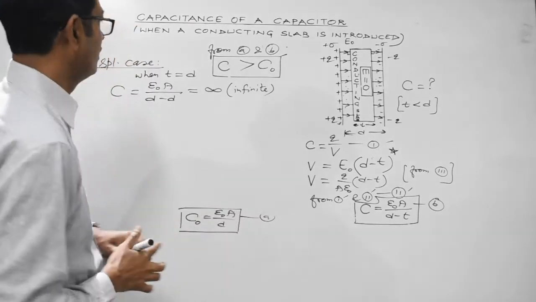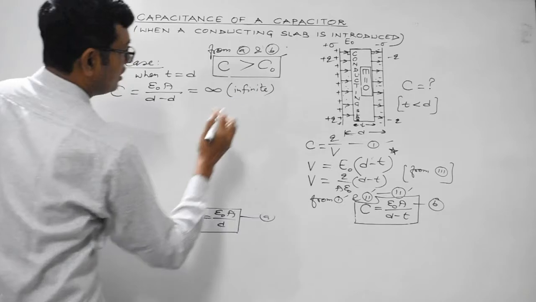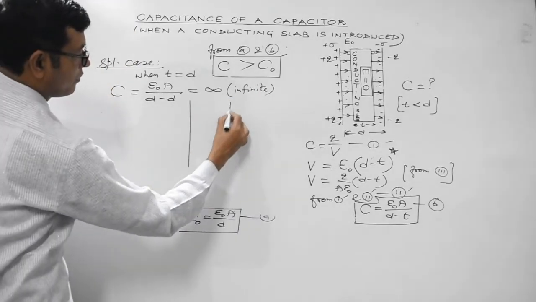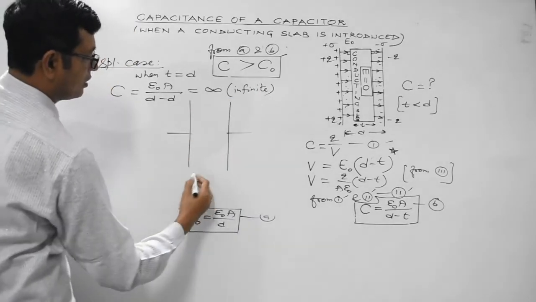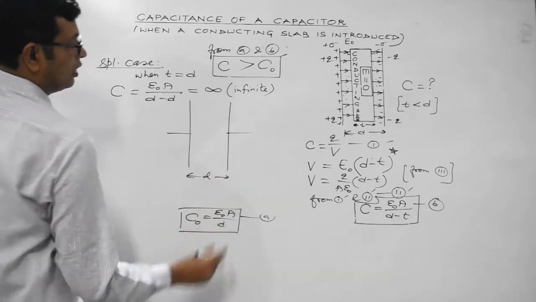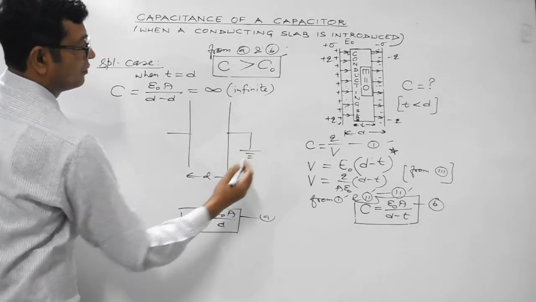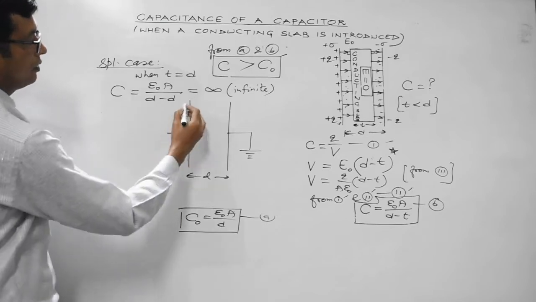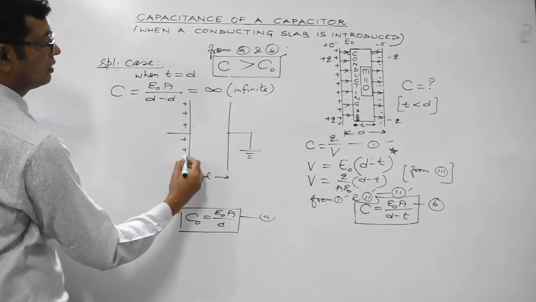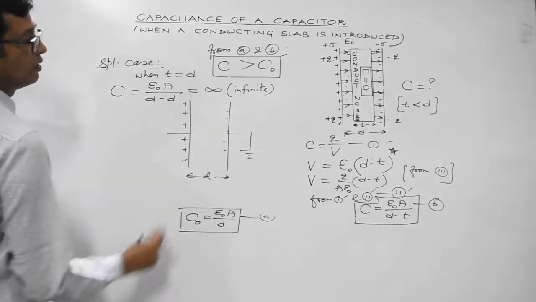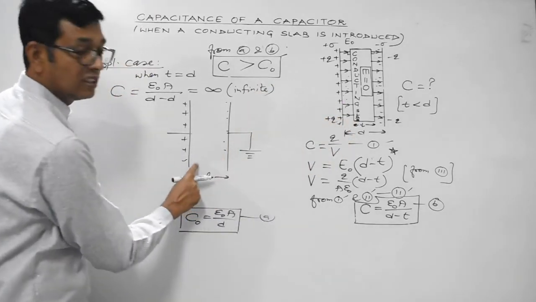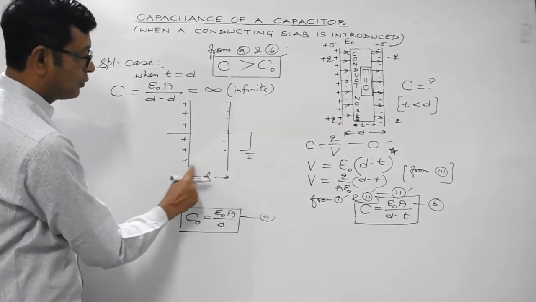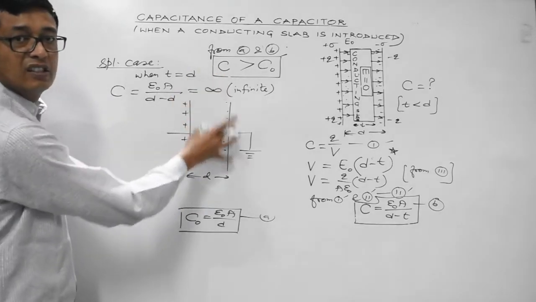So let me make it clear. This is the case. This is D. Now, this is earthed obviously, right? This is positive and this one is having negative charge. Now a conducting slab of thickness T equal to the space between the two plates is introduced.